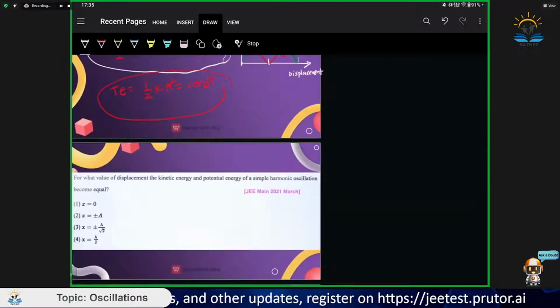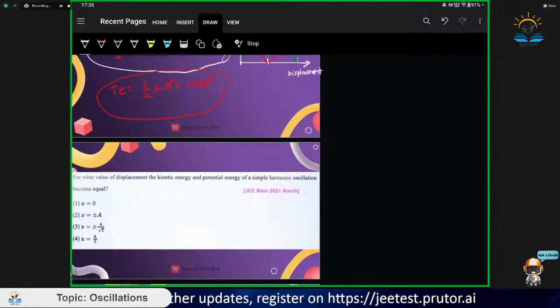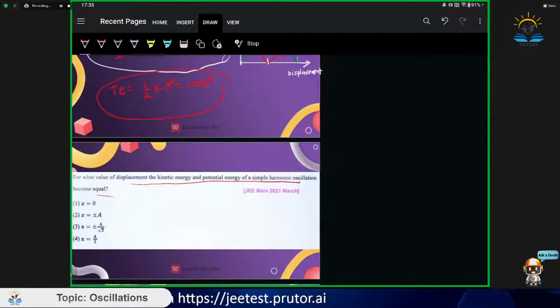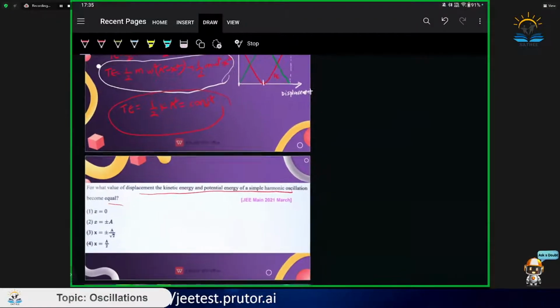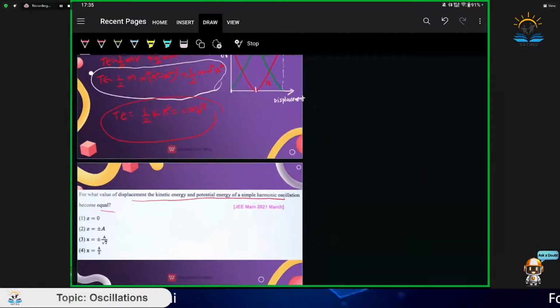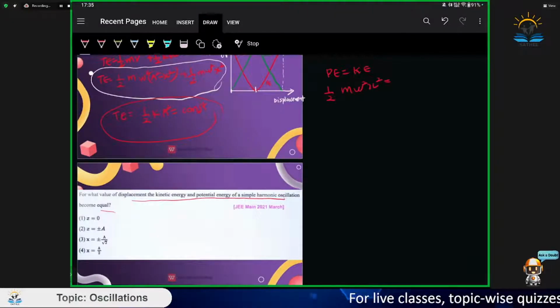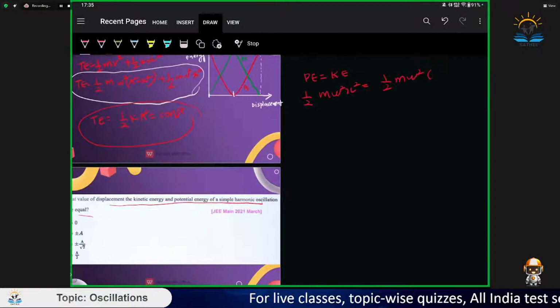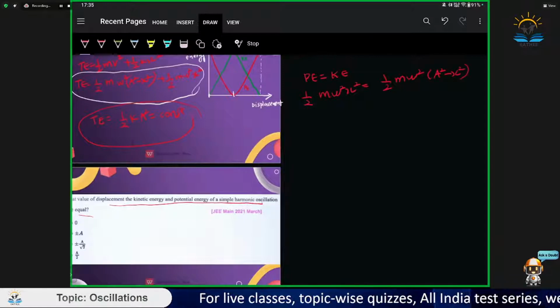Let's solve the first question. For what value of displacement will the kinetic energy and potential energy of a simple harmonic motion become equal? Easy. Potential energy equals kinetic energy. Potential energy is half k x square, and k we can write as half m omega square x square, equal to kinetic energy, which is half m omega square into a square minus x square.